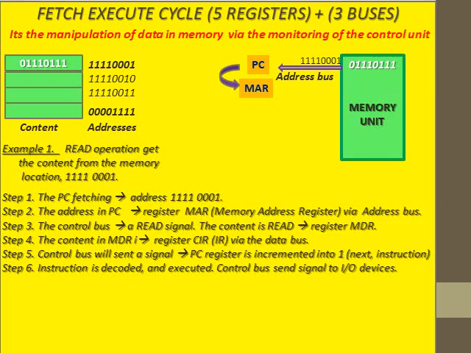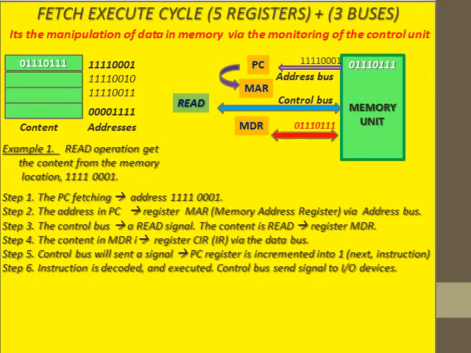This is done by the signal sent by the address bus. Step 3. The control bus will send a read signal. In step 3, the content will be read, located in the address 11110001. The content will be put into the register MDR, or the memory data register.